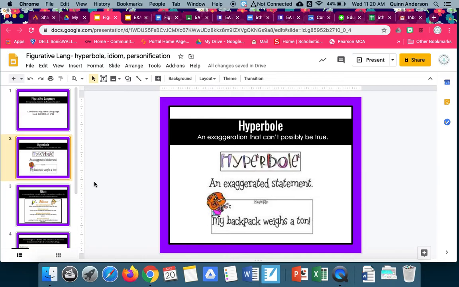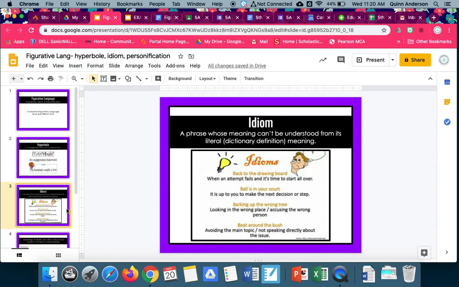However, it's something that could be true. If you had a full water bottle and several textbooks and other things you needed to bring to and from school, could it weigh 20 pounds? Yes, that could be true. Still heavy, but you might want to say, my backpack weighs a ton, because that's an exaggeration that can't be true. Next, we're moving on to idioms.